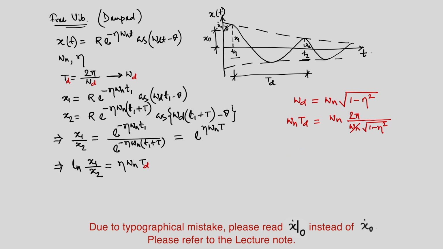So, this omega n will get cancelled. So, ultimately what we are left with is omega n times T d is equal to 2 pi by square root of 1 minus eta square.